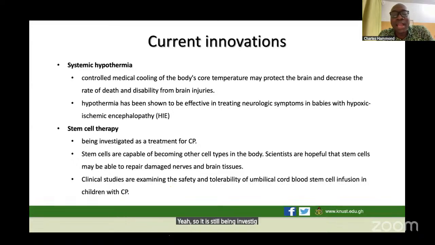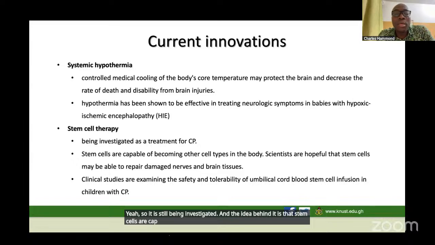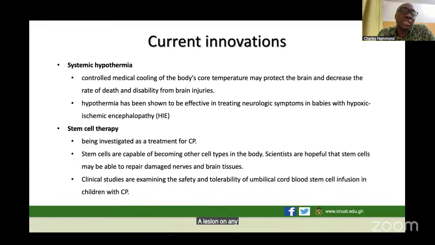And the idea behind it is that stem cells are capable of regenerating into neuronal cells. You know, the neuron is not able to repair itself and it's not able to regenerate itself. When you have a lesion on any part of your body or any organ, it repairs itself, but the brain doesn't. So we are born with about 80 million brain cells.